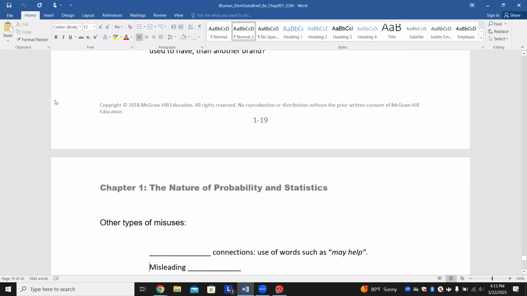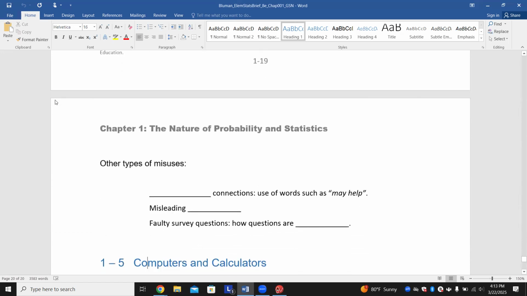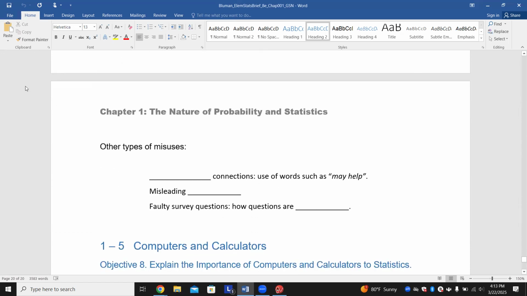Other types of misuses can be implied connections. It's a big one. We can imply something by what we see, but that could be our own interpretation. Use words such as "may help," right?